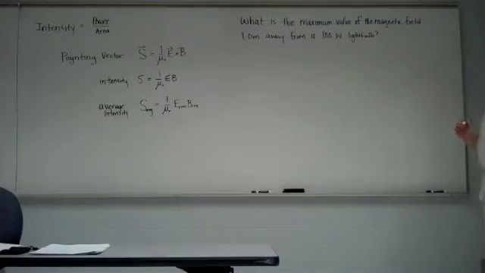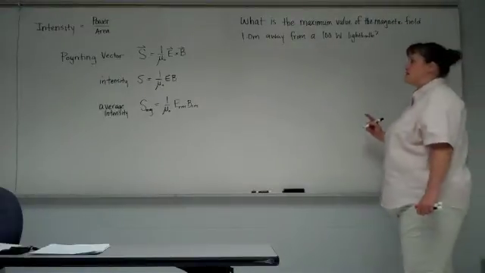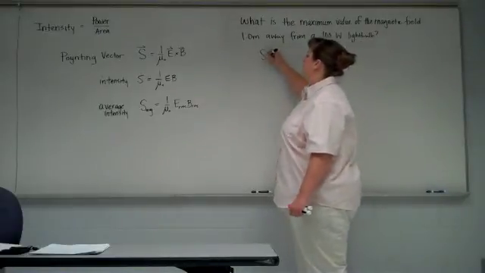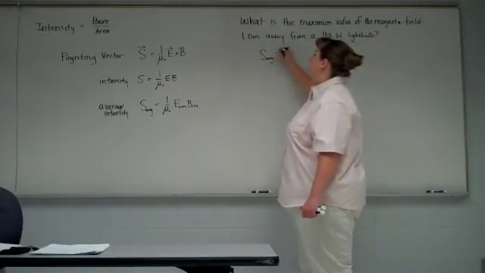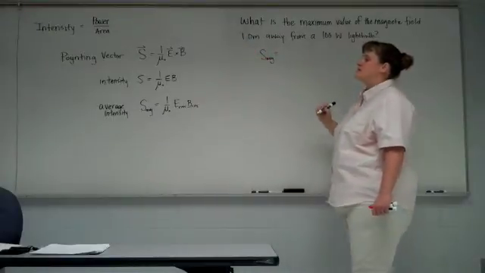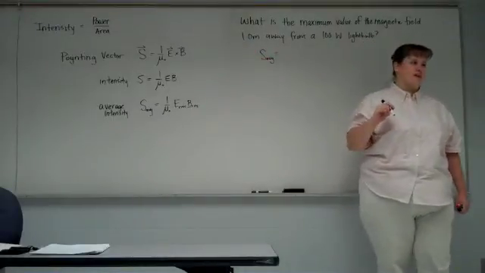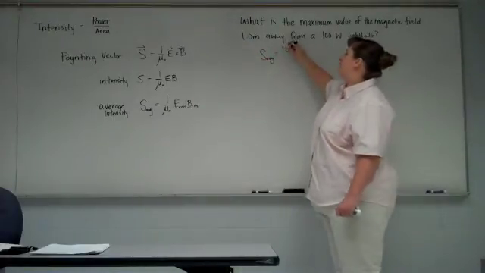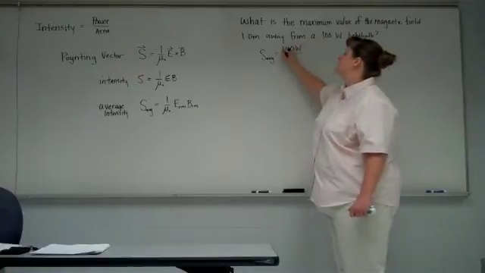What is the maximum value of the magnetic field 1 meter away from a 100 watt light bulb? Now we can easily find the intensity. The average intensity, using our top equation, intensity is power over area. We know the power of our light bulb is 100 watts.